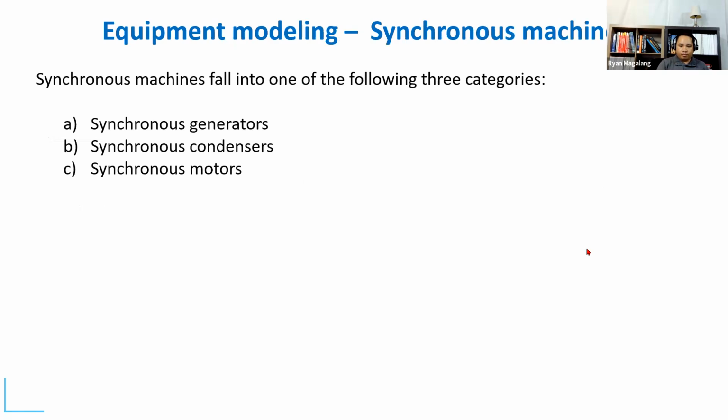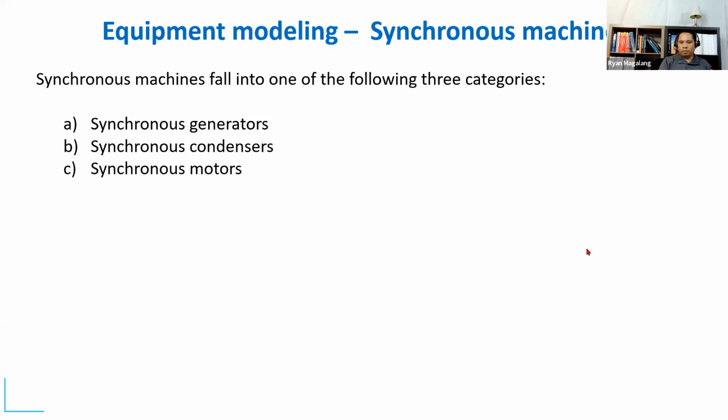So, synchronous machines, basically we have generators, condensers, and motors. I mentioned that motors are one of the contributors of short circuit current, and the majority of the time, probably 95% of installations, maybe more than 95%, are induction motors.